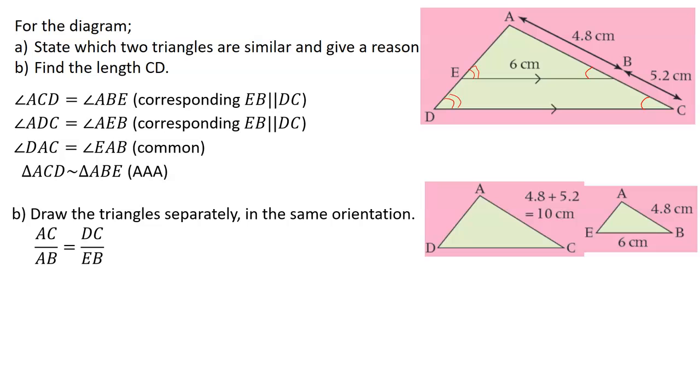I know that the ratios of the sides are equal, so AC over AB, AC corresponds to AB, is equal to DC over EB. Now, there's a variety of different permutations of writing these sides together. We could say that AC over DC is the same as AB over EB.